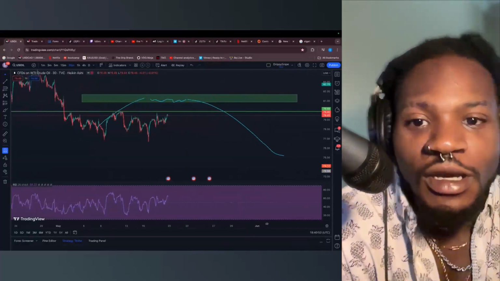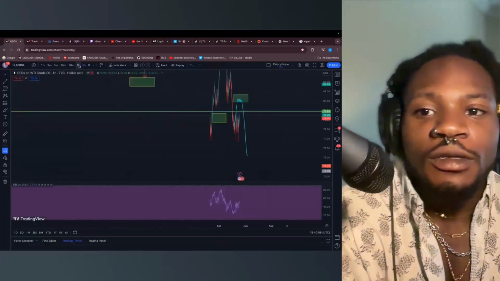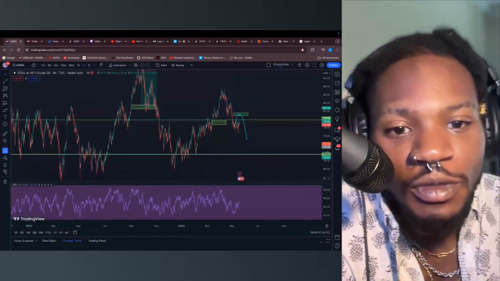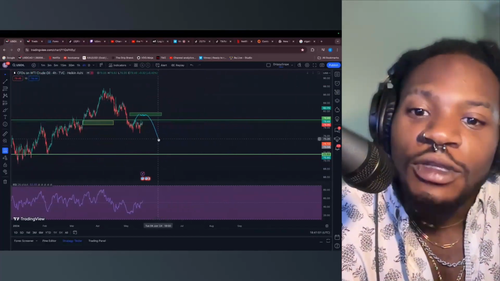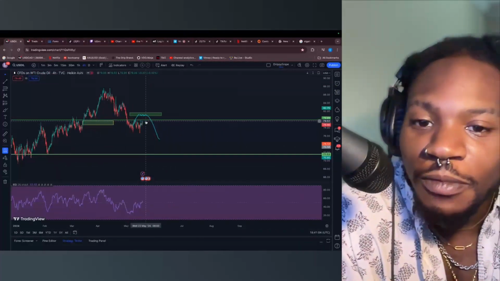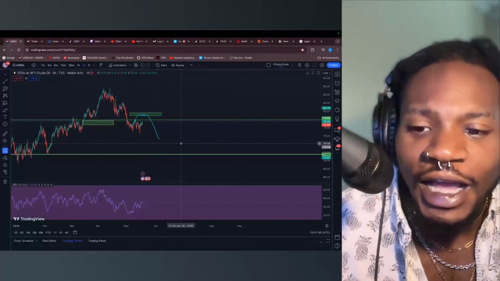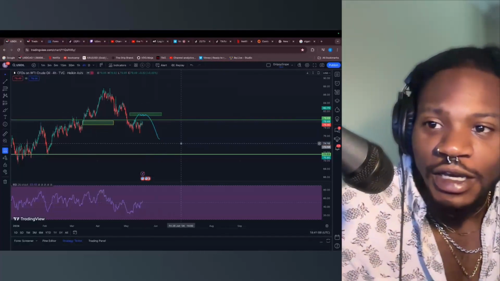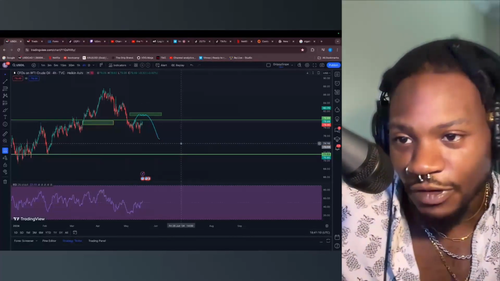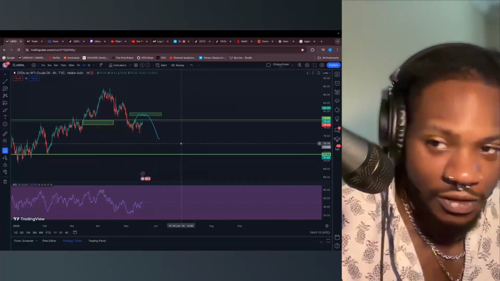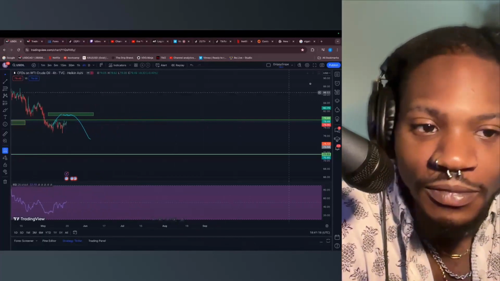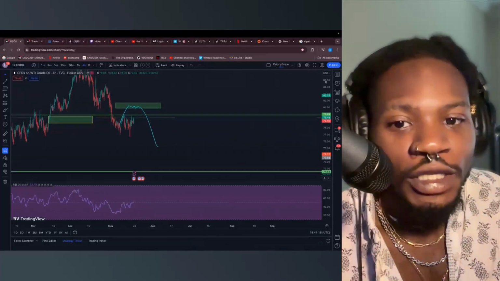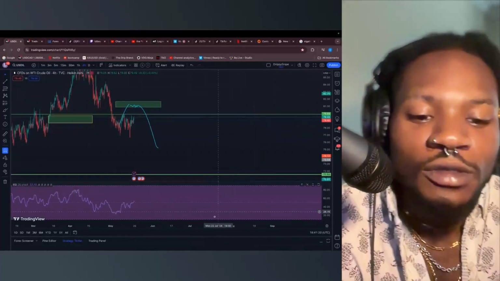Same-ish. Let's bring up the 4 hour. I do think oil has the possibility to push higher from these levels. Contrary to what I'm saying for a lot of these, for gold, Bitcoin, euro dollar, I usually trade them in some type of correlation.